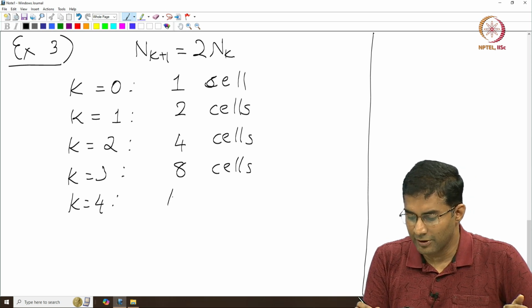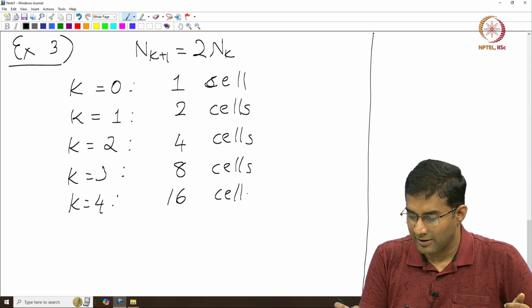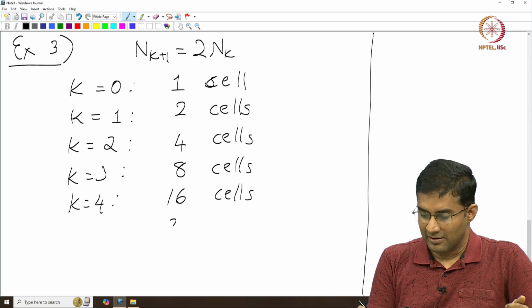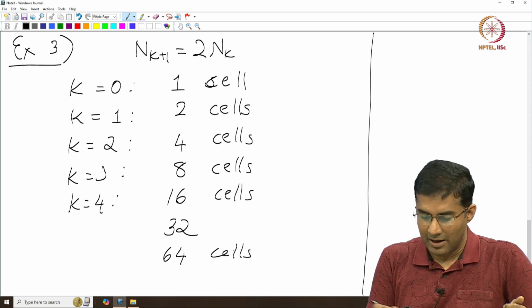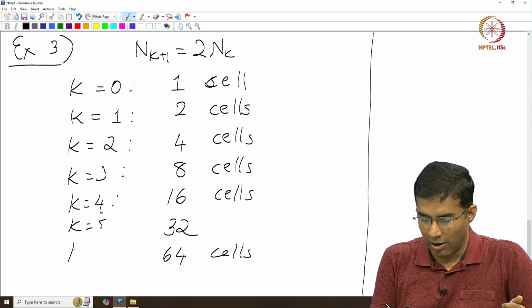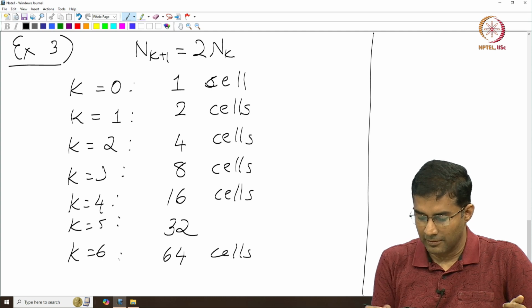At k is equal to 4, we have 16 cells, 32 cells, 64 cells, and so on, right.